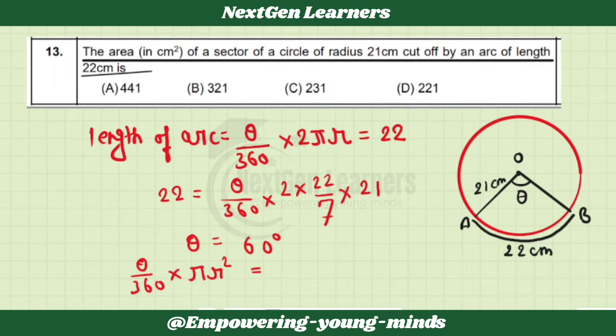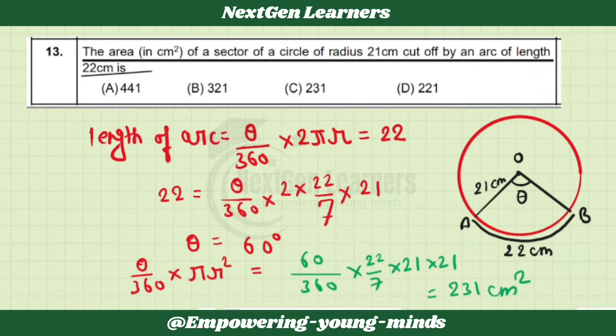We have already calculated theta's value. If I put all the values in the equation, it is 60 upon 360 multiply pi 22 upon 7 multiply r 21 multiply 21, and if I solve this, I'll get my value as 231 centimeter square. Hence option C is the correct answer.